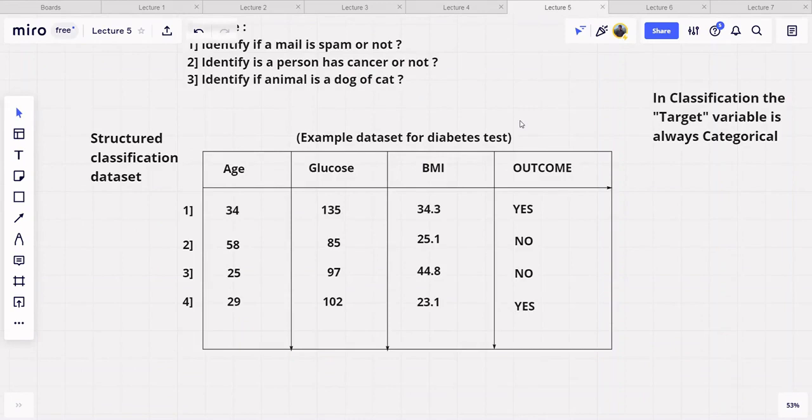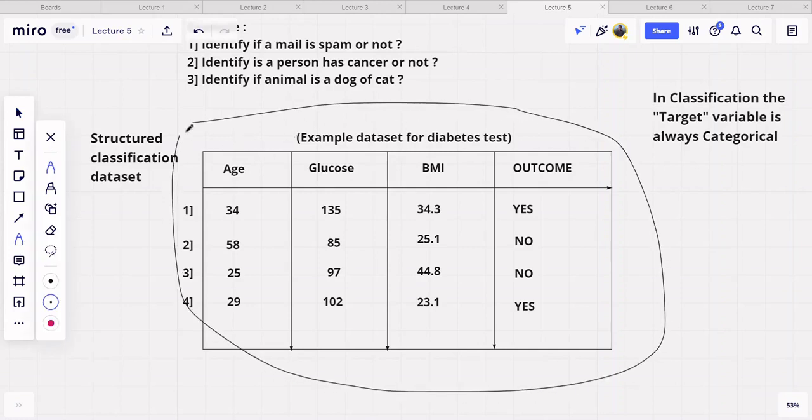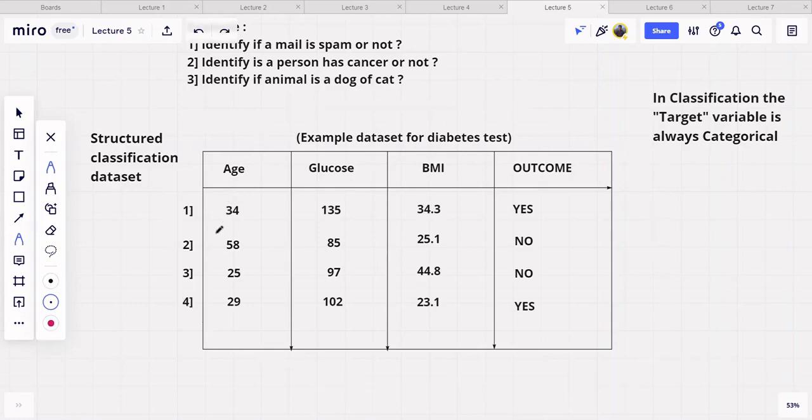So for example, this is a test data set of a diabetes test of 4 patients. Each row represents data about one person, and it also shows the result of the diabetes test.